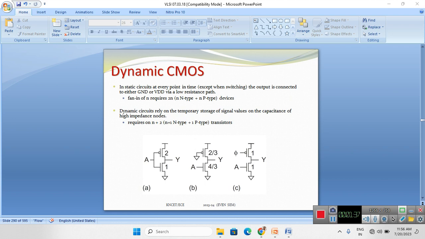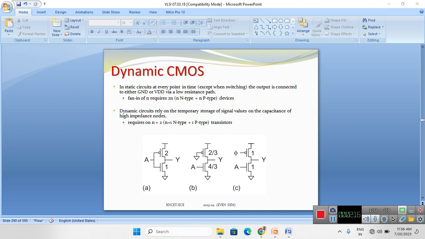If you choose this logic, we require 2n transistors. That means n NMOS transistors and also n PMOS transistors. For example, if you design a two input NAND gate using static CMOS logic, we require two NMOS transistors as well as two PMOS transistors. Totally we require four devices.